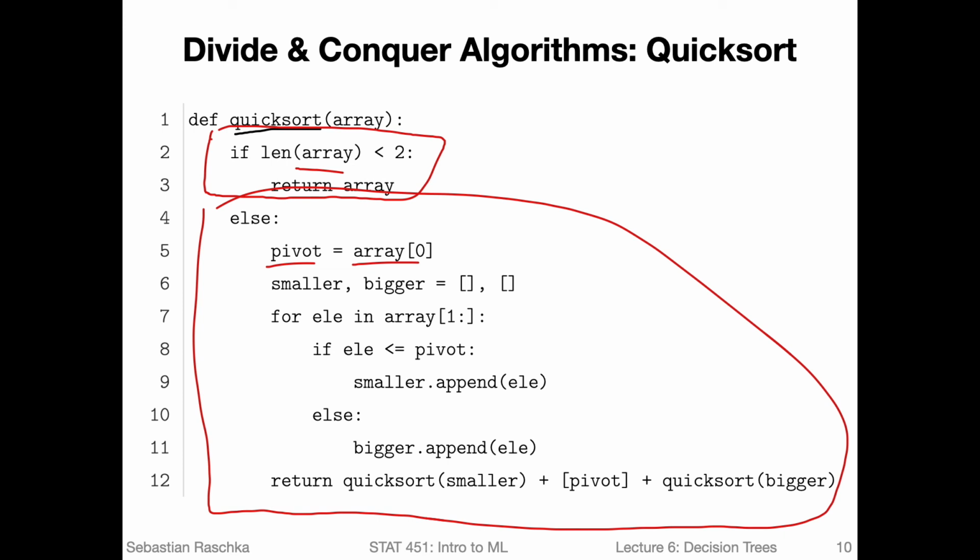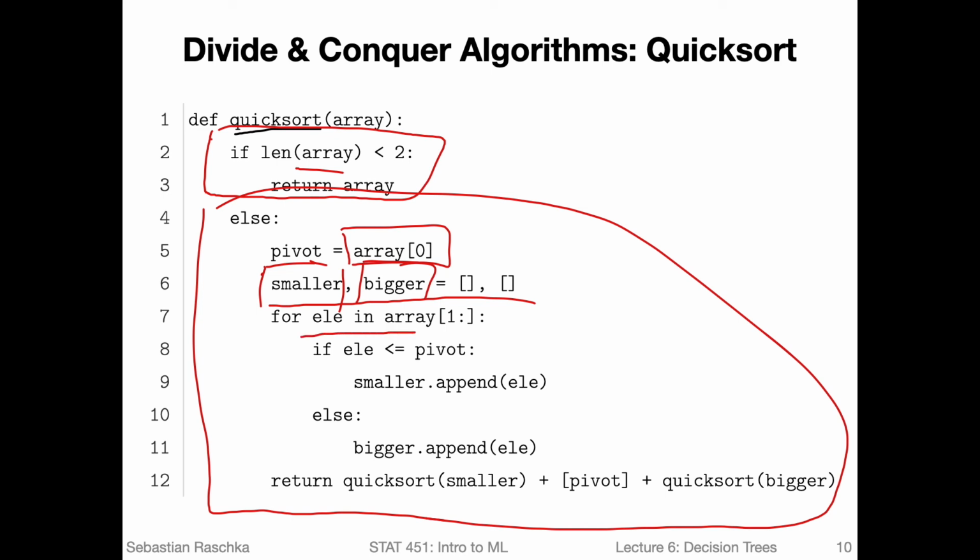Let's say we have an unsorted array and we want to sort it. The first step would be setting the pivot. That's the first element in the array, and then we create 2 new arrays or lists. One is for holding all the elements that are smaller, and the other is for holding the elements that are bigger than the pivot.